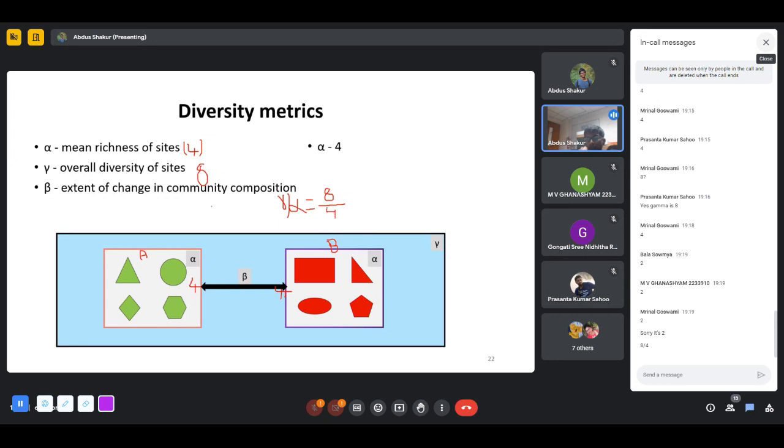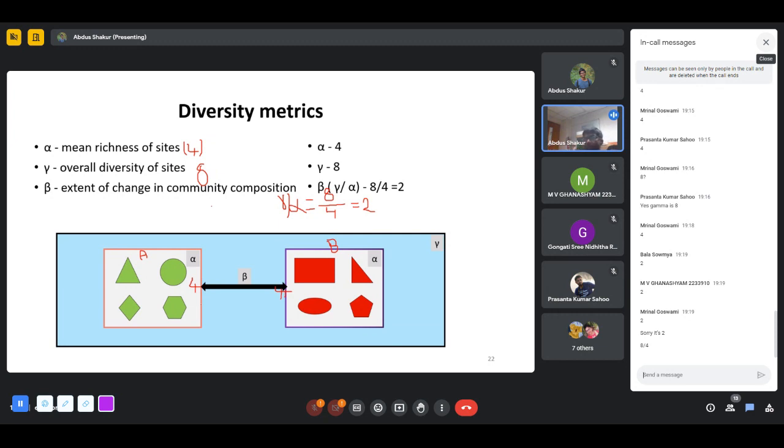When you take alpha, you take the mean alpha, the average across the two sites: 4 plus 4 by 2 is 4. So gamma by alpha, 8 by 4, the value is 2. The beta diversity of these two sites is 2.